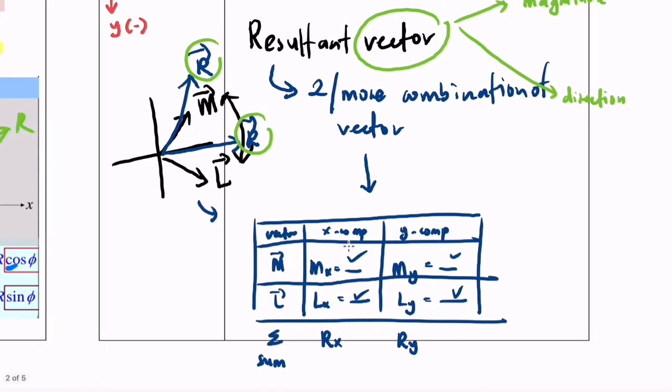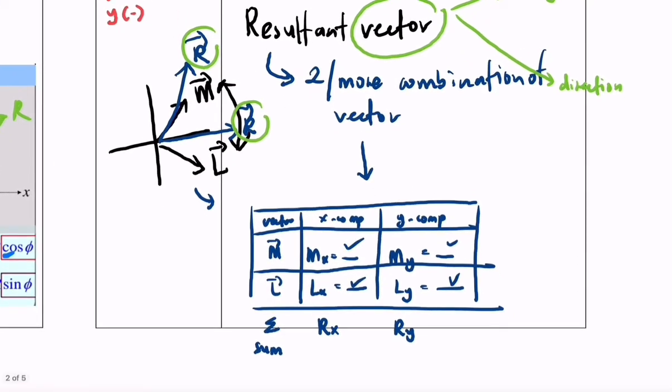Okay, let me repeat for a moment, I want to erase this. This R, don't get confused, we don't know where this R is, so I just drew R up or down or in the middle, we don't know. What we want to focus on is the M and L vectors. Okay, let me just erase this for a moment, I'm afraid you'll be confused. Okay, that's better. So now we know when we resolve here we will have Mx, right?